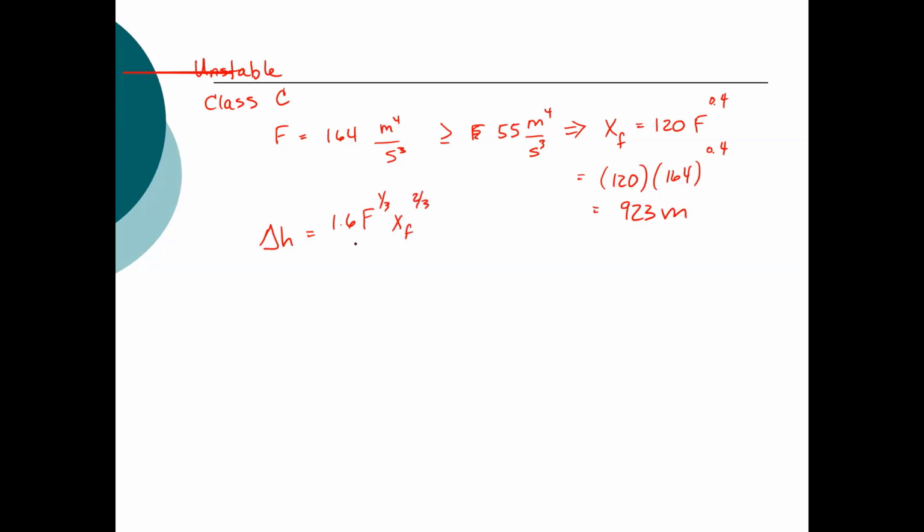Delta H under these conditions is equal to 1.6 F to the 1/3 times x sub f to the 2/3 over u sub h. So we're calculating the plume rise at the point where the plume no longer continues to rise. And that is equal to 1.6 times 164 to the 1/3 times 923 to the 2/3 over 5 meters per second, and that is 166 meters.